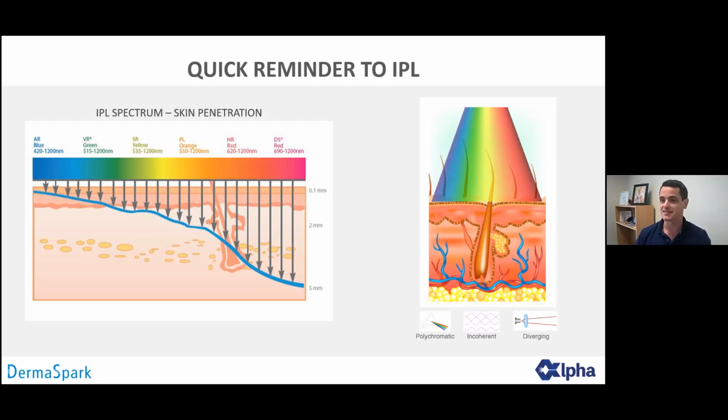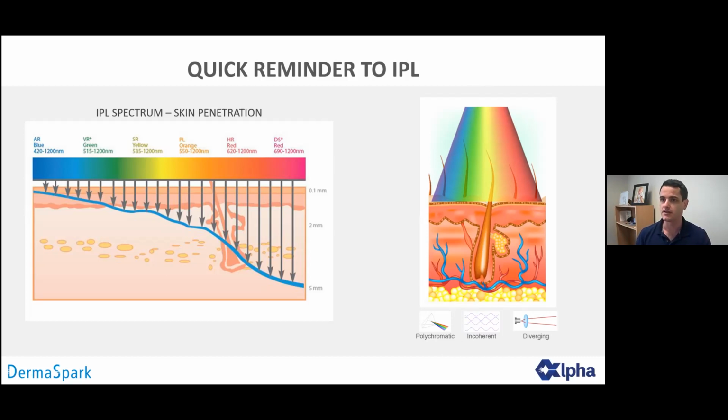So IPL, intense pulsed light, is a light source that is comprised of a spectrum of wavelengths, which means that it is polychromatic. As you can see here in the picture to the right, we have all the different wavelengths, all the way from the blue light through the green, the yellow, the orange, the red, and the near infrared, which means that we are approximately in the range between 400 nanometers and 1200 nanometers.